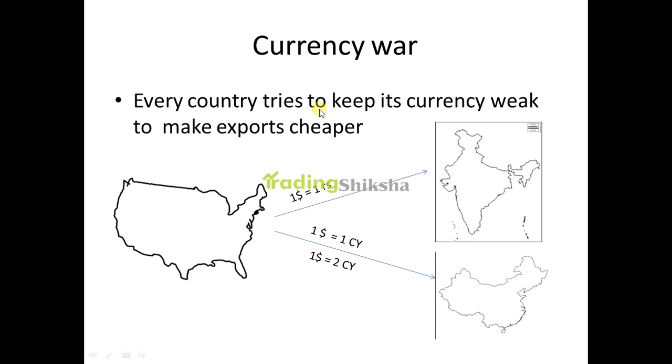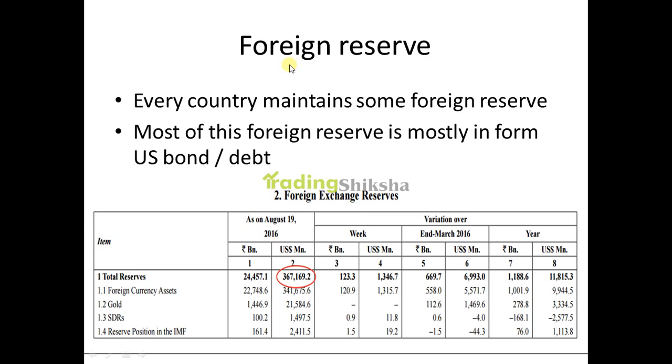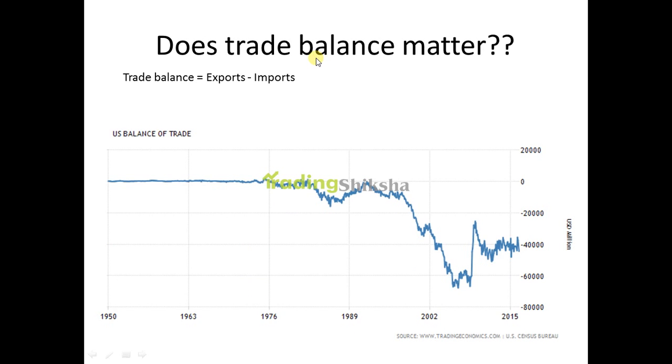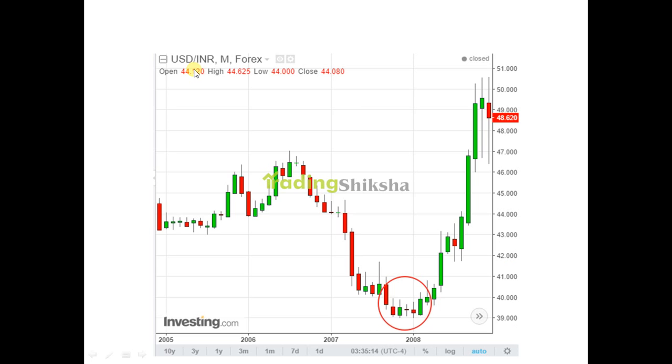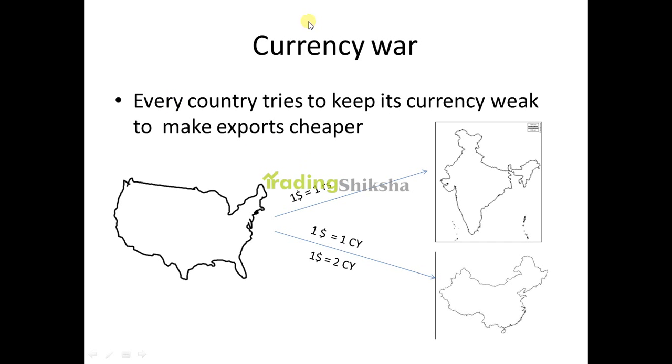To promote their exports, they need to weaken their currency. Secondly, every country needs to maintain some foreign reserve in case of any crisis. They will need this foreign reserve. And so via both methods, they are propping up the dollar and weakening their local currency.